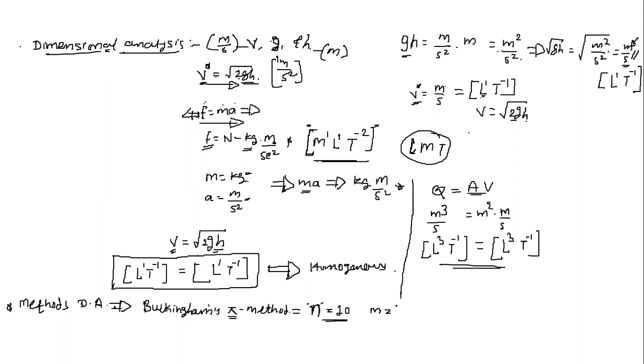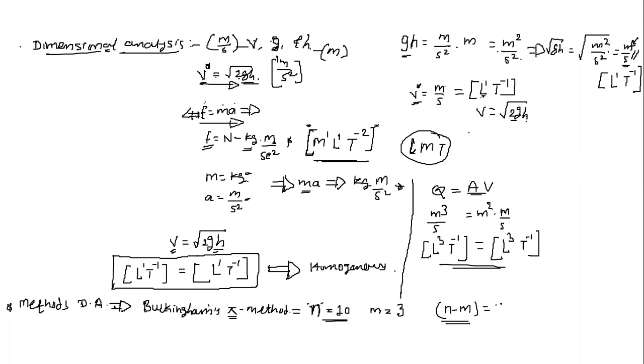That is called m. So maximum we are considering as 3, that is L, M, T. Then if we have n, that is 10 variables, n as the total number of variables and m as the fundamental dimensions, then he said that we can arrange those n variables into n minus m non-dimensional and independent pi terms.